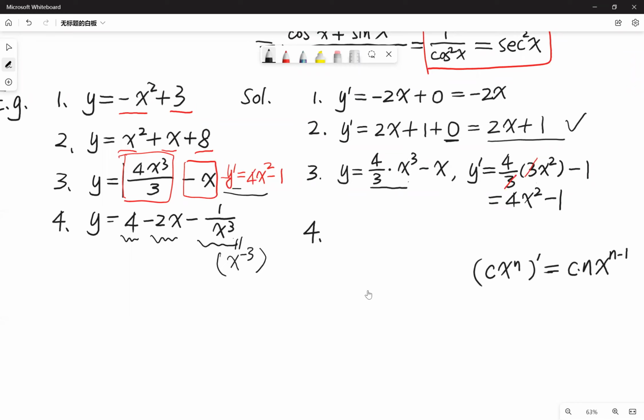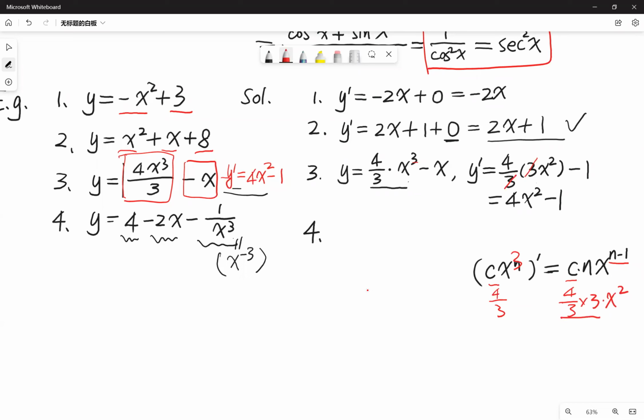And here c is 4/3, and n is 3. Then it's 4/3 times 3, and n minus 1 is x squared here, right?